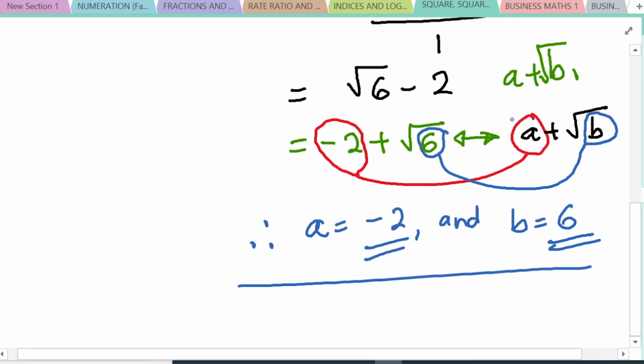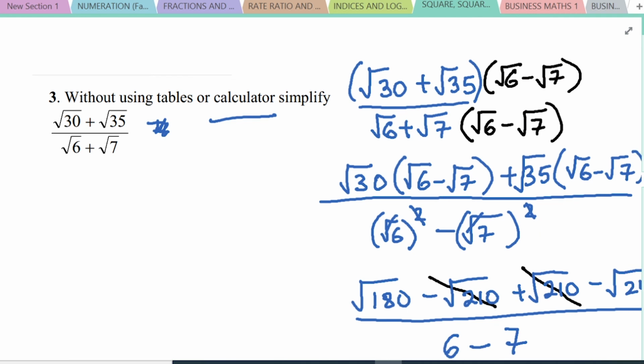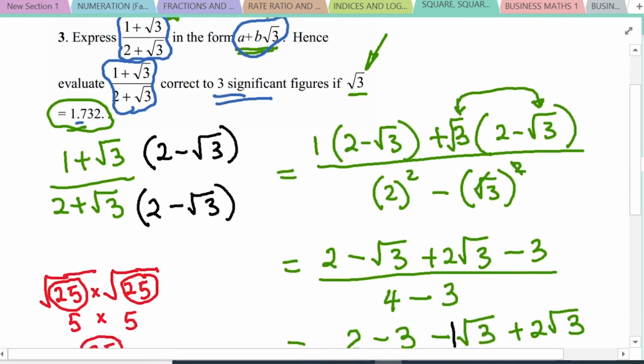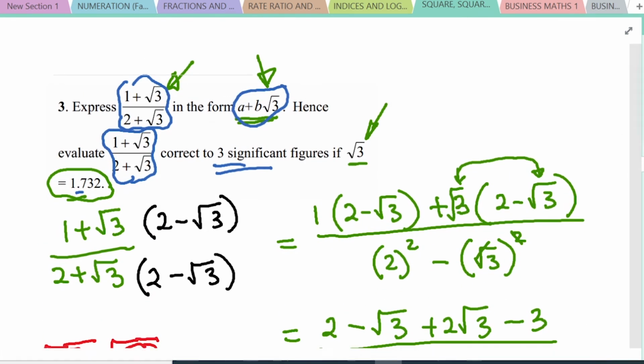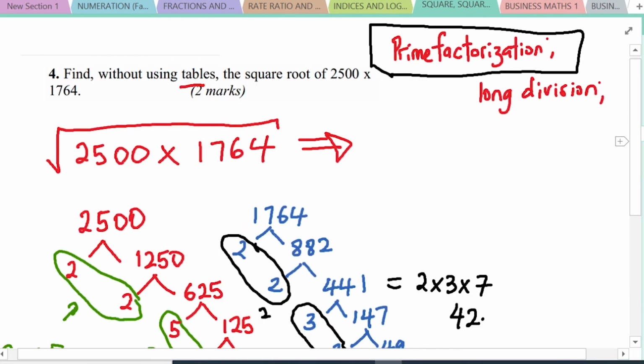However, like I had mentioned earlier in an earlier number, there are two ways of finding the square root of a number. You can find the square root either by prime factorization or by using long division. Finding the square root by prime factorization is normally done when you're dealing with just small numbers.